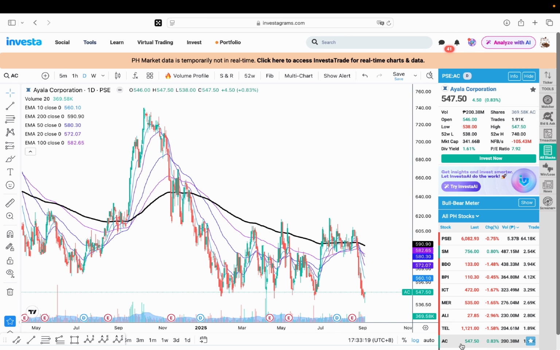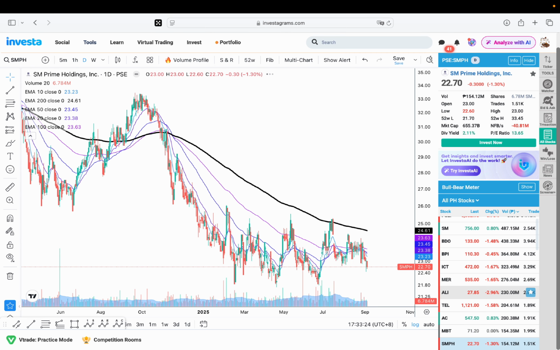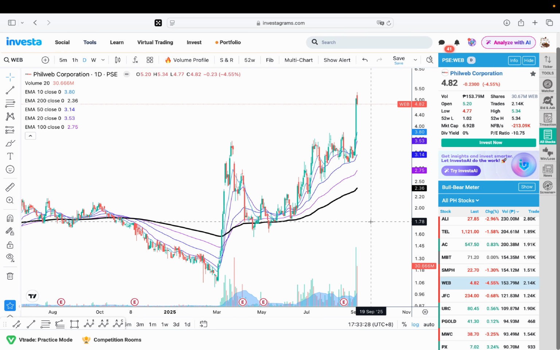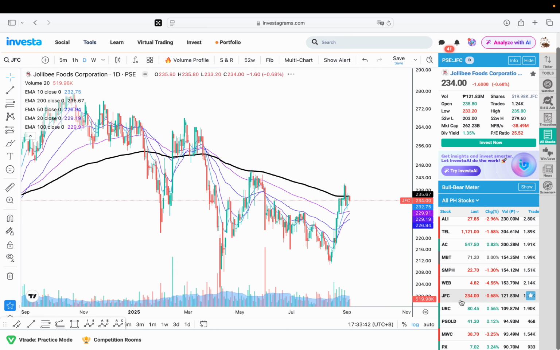Same goes for AC. So basically I just go through all of these tickers and identify the strongest companies as shown by the price trading above all of their EMAs. Look at PhilWeb, right? Trading above all of its EMAs.